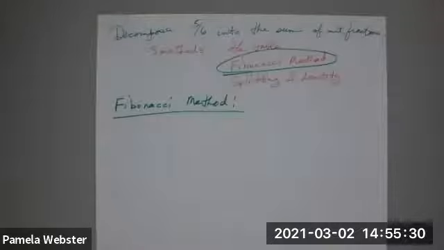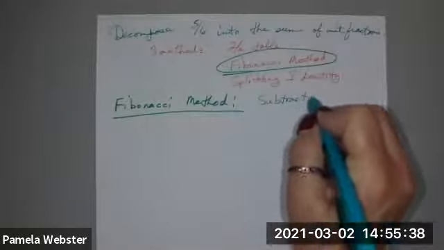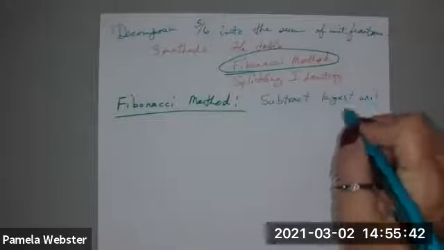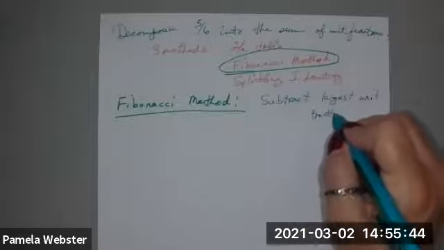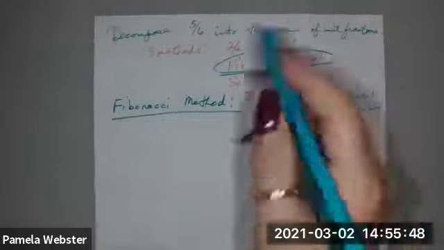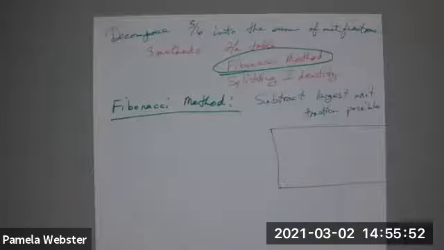Fibonacci method. How does that one go? Subtract the largest unit fraction possible. That's what I'm after. So we want to take 5/6 and figure out what's the largest unit fraction. I always do it as scratch work off to the side.